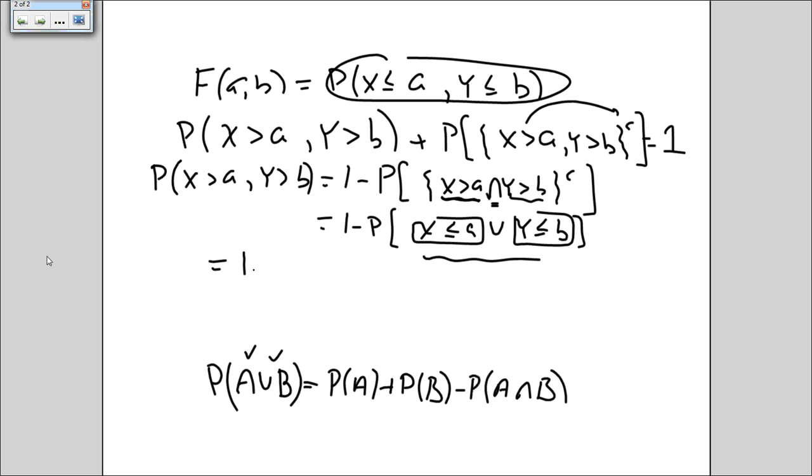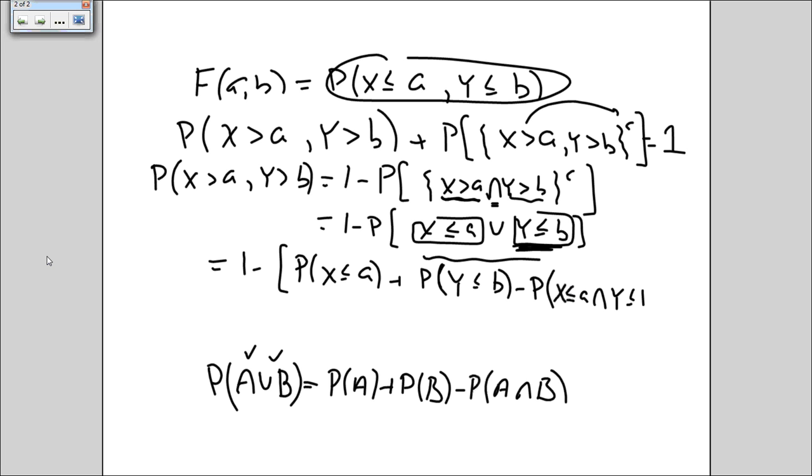So I have 1 minus the probability of A, which is X is less than or equal to A, plus the probability of B. I'm calling that B. That means Y is less than or equal to B. The random variable Y, which is capital B, minus the probability of their intersection. The probability that X is less than A and Y is less than B. Okay.